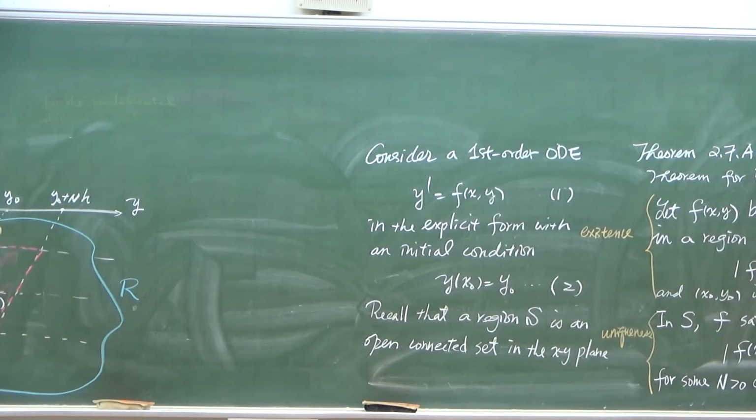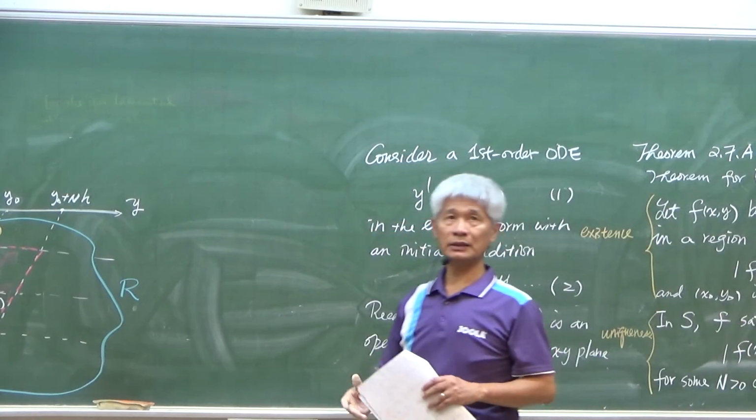This part says that there exists one solution, at least one, but with only this part we cannot guarantee the solution is unique. To have a unique solution, we must have the Lipschitz condition. Any questions about the statement of the general theorem?